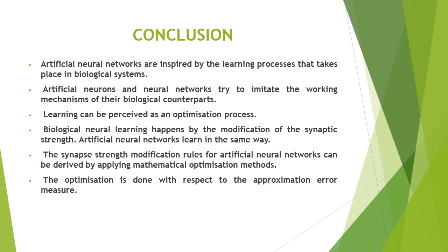Then the learning can be perceived and optimized. Optimization means bringing the best out of a parameter. So this was all, as a basic understanding was created. And coming to the last point, the optimization is done with respect to the approximation error measure.